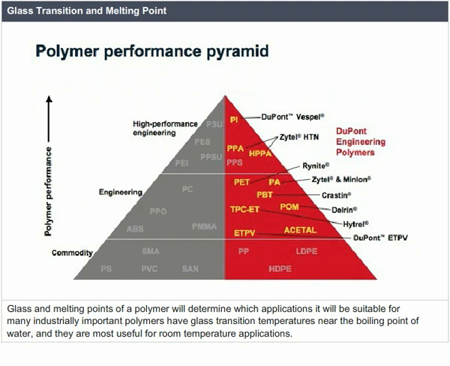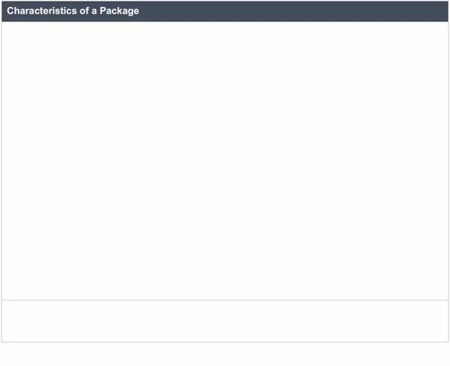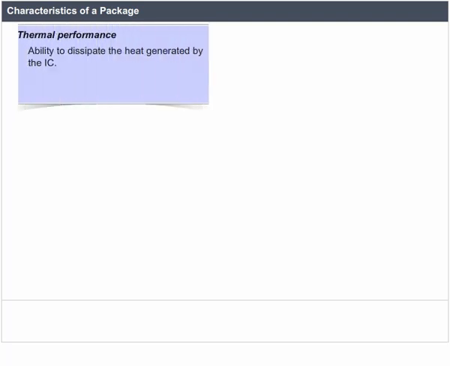Many industrially important polymers have glass transition temperatures near the boiling point of water, and they are most useful for room temperature applications. Some specially engineered polymers can withstand temperatures as high as 300 degrees Celsius. Characteristics of a package: thermal performance, the ability to dissipate the heat generated by the IC.